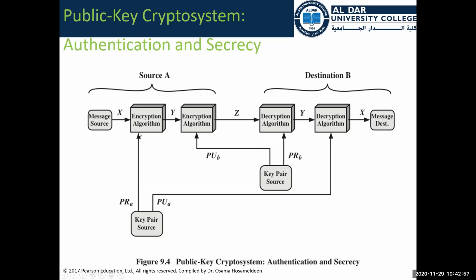The sender is going to encrypt two times, one using his private key and one using the other party's public key. Then send the data through the insecure channel. The destination is receiving the secure data, and then uses his private key to decrypt the data, then using the public key of the sender to decrypt again. So two times encryption and two times decryption.